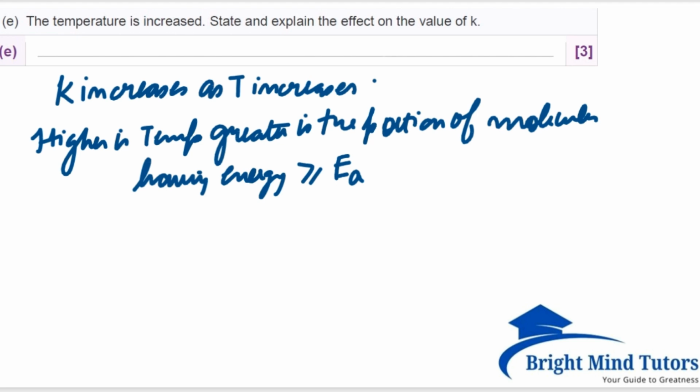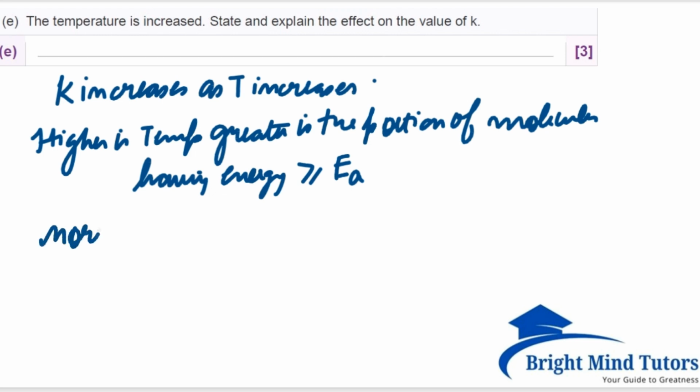Now one more statement. We have said that more molecules will be possessing energy greater than the activation energy. So what is going to happen? Reactions occur due to collisions between the molecules. So the more frequent collisions are going to be successful collisions, that means they will result in product formation, right?